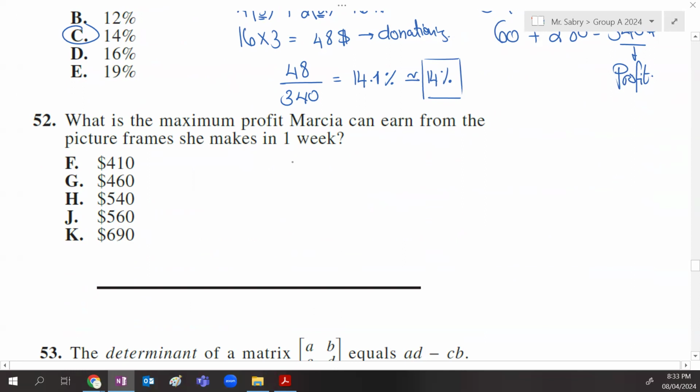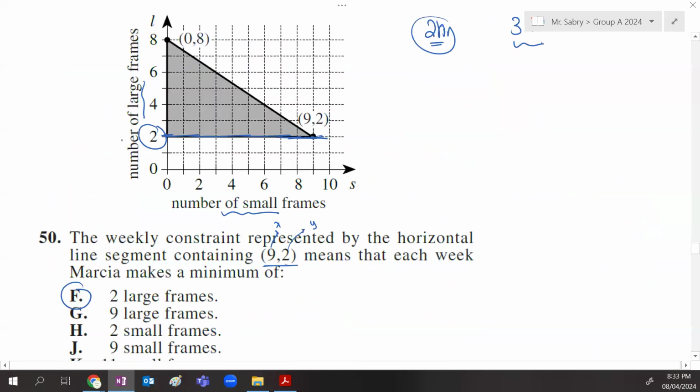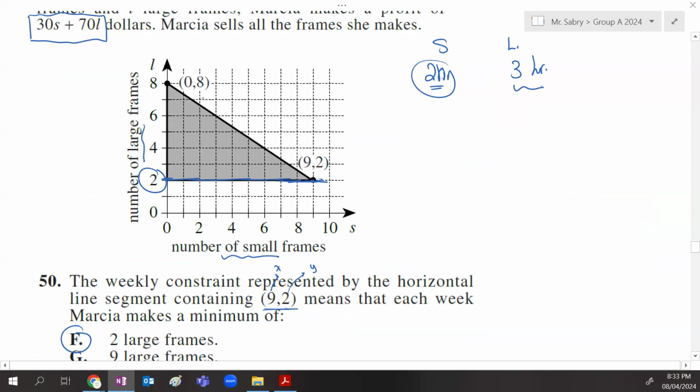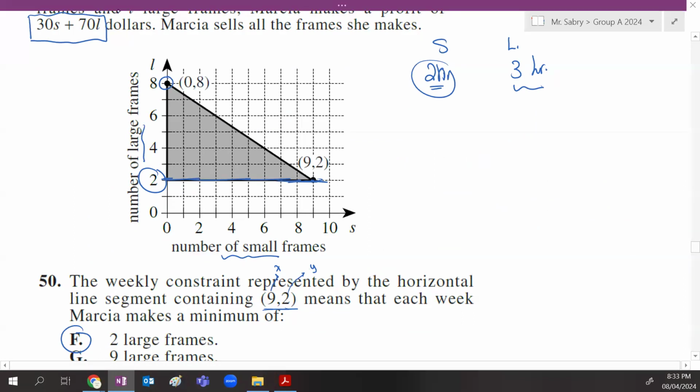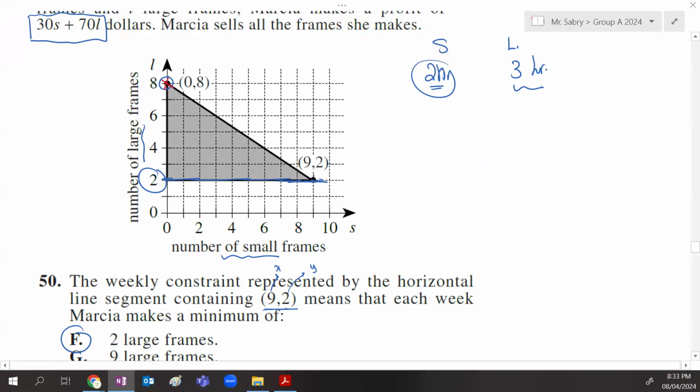To find the maximum profit, they already gave me the equation to calculate the profit, and here the graph to know the constraints. To find the maximum profit I try the points of the vertices, just these 3 points. I'm supposed to substitute each of them into the profit equation to figure out which will get me the biggest profit possible. 0 and 8 is the first point, the second one is 9 and 2, and the third one is 0 and 2.